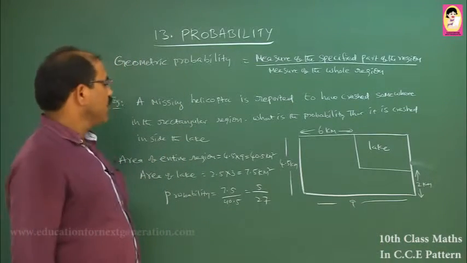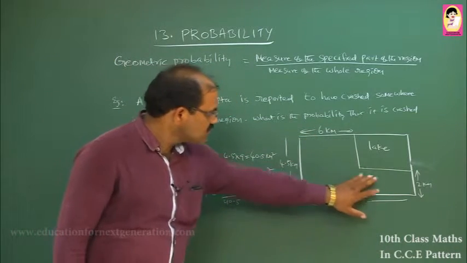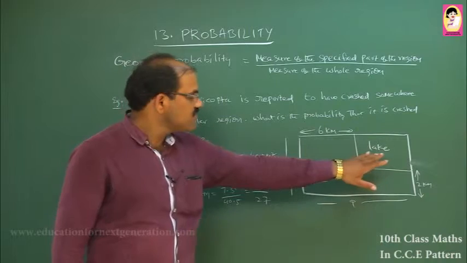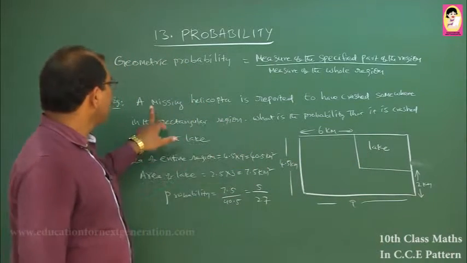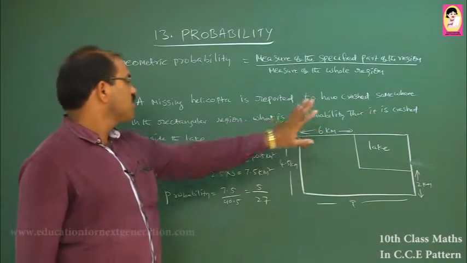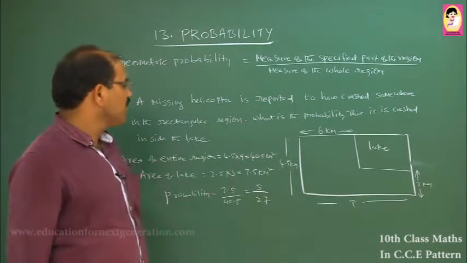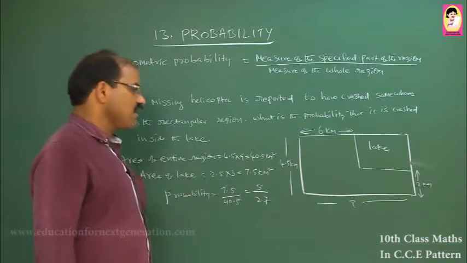For example, in a rectangular region, the whole region is forest and there is a lake. The question is: a missing helicopter is reported to have crashed somewhere in the rectangular region. What is the probability that it crashed inside the lake?